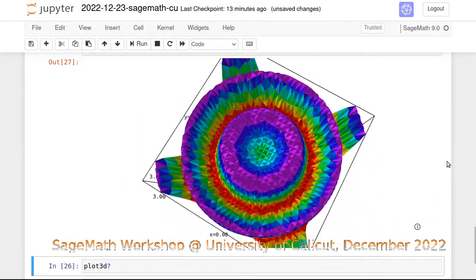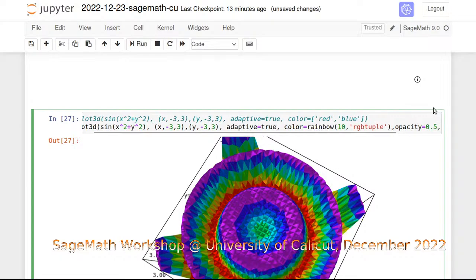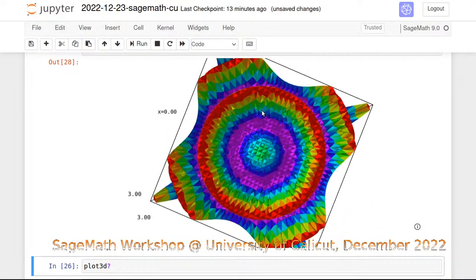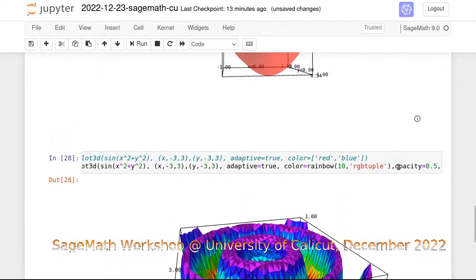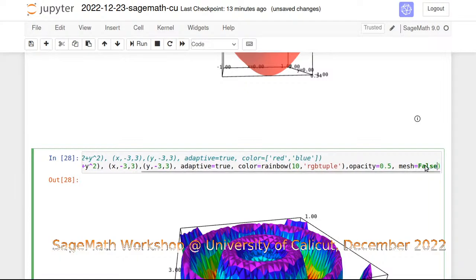Let us change the opacity, 0.5. Mesh equal to true. Okay, let us just change it to false.